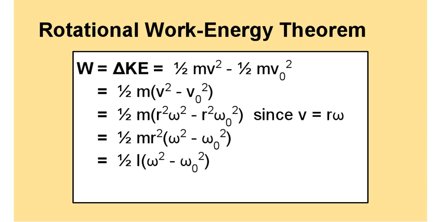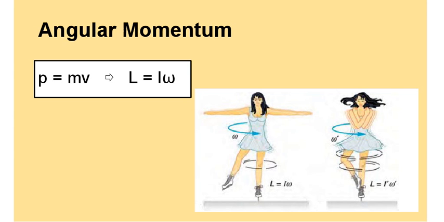So factoring out the 1/2 and the m, I'd have this much here. Remember that v is equal to r omega, so we've made that substitution. V naught then would be r omega squared, and down here's a nice little version of that. You can see that that would just carry over everything that we've done all semester. All the linear physics comes over to the rotational world. Works out really nicely. That's another example.